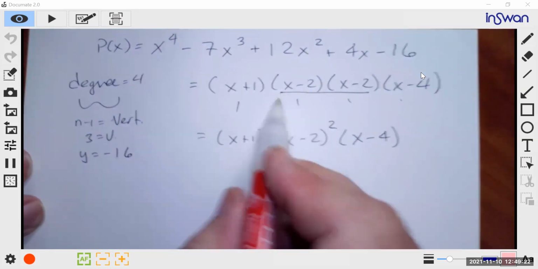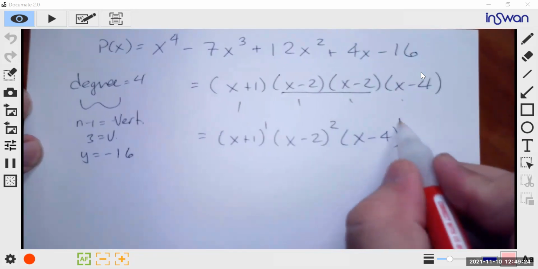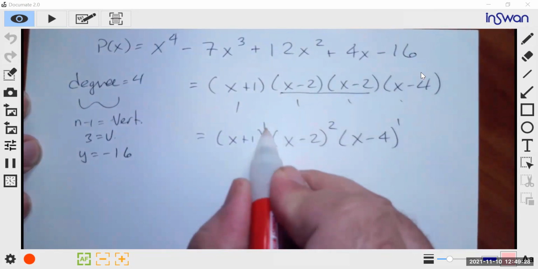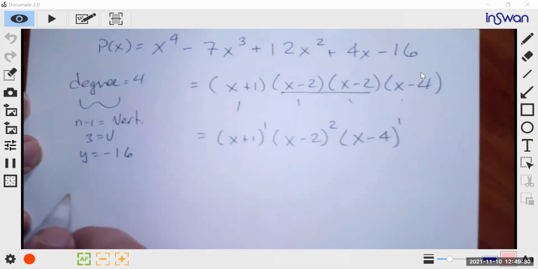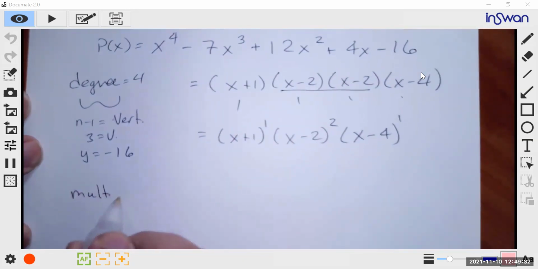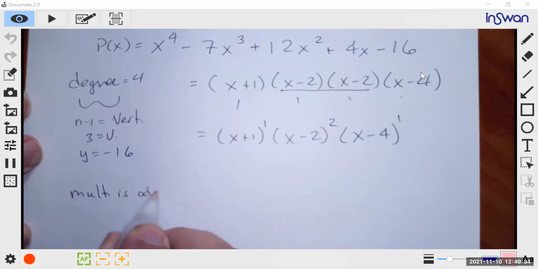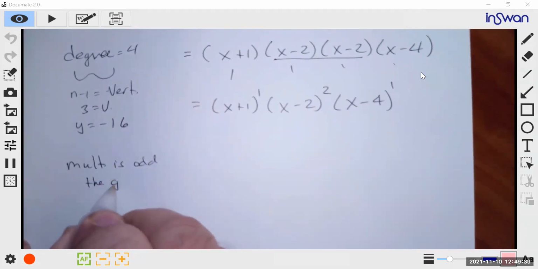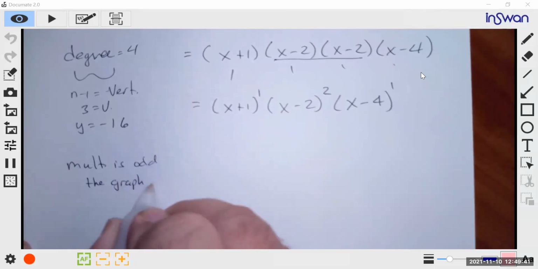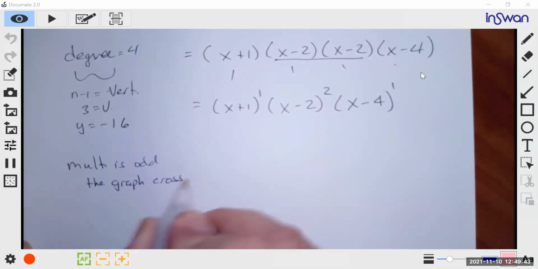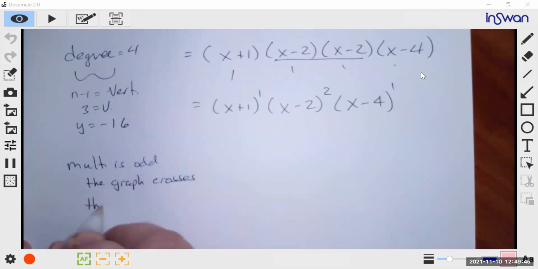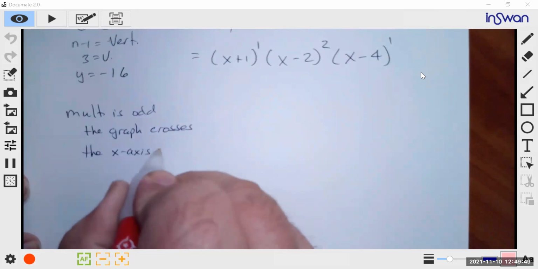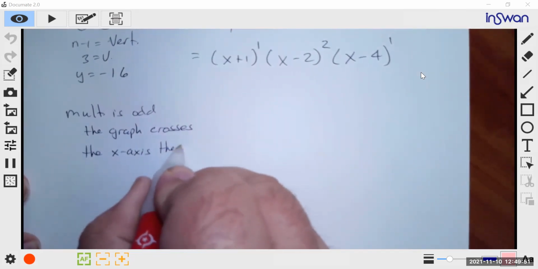These exponents here are called the multiplicities. They're important because if the multiplicity is odd, the graph crosses the x-axis there at that point.